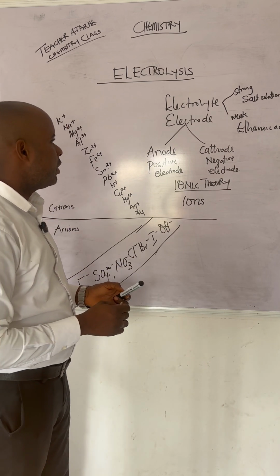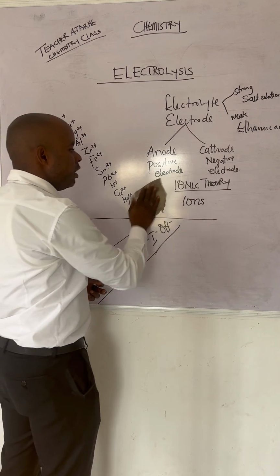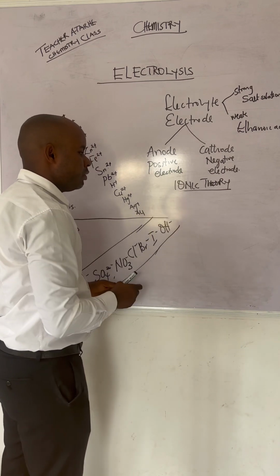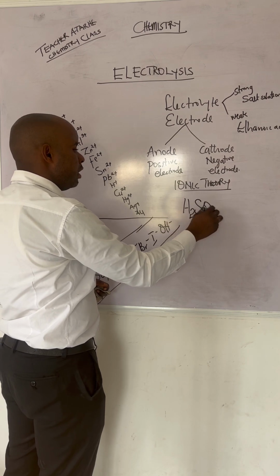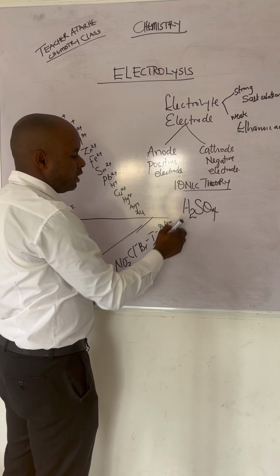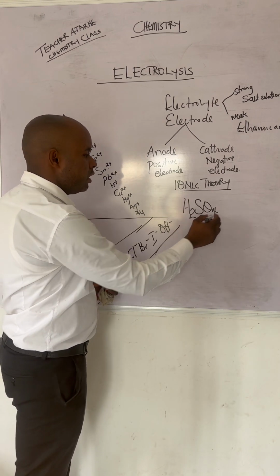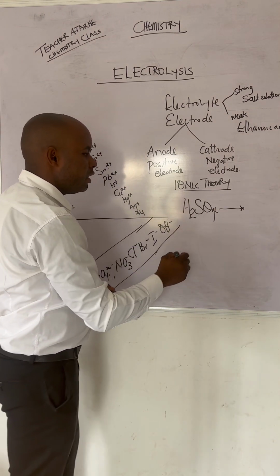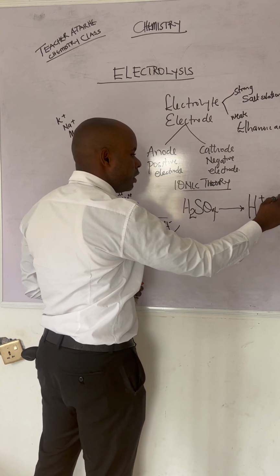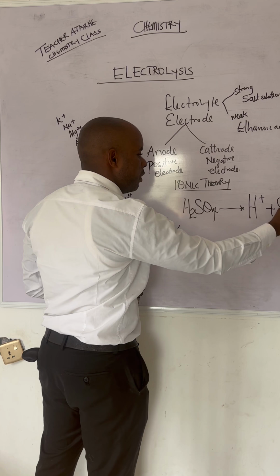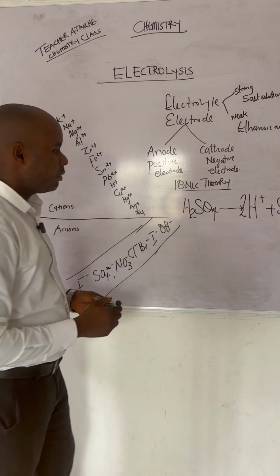So what happens when electricity is passed through an electrolyte? Let's use an acid to explain this concept of ionic theory. When this acid, H2SO4, is dissolved in water, the solution breaks down into two parts: positive hydrogen ions and SO4 2 minus.